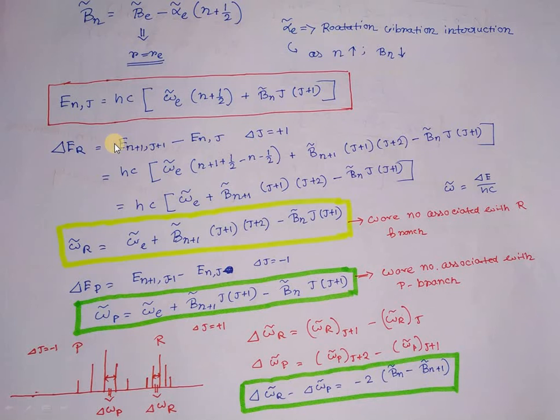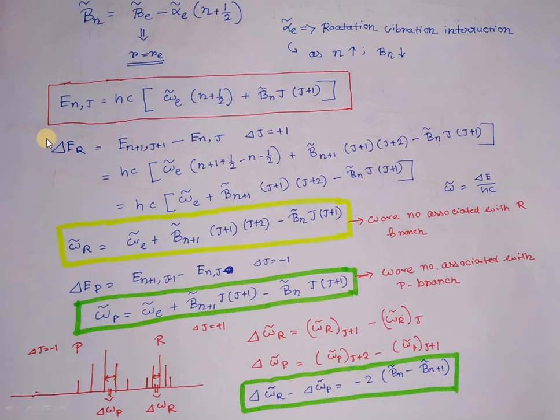So if we subtract these two energy values, we obtain the final difference of energy for the R branch: hc omega e bar plus hc times Bn plus 1 bar (J plus 1)(J plus 2) minus Bn bar J(J plus 1).